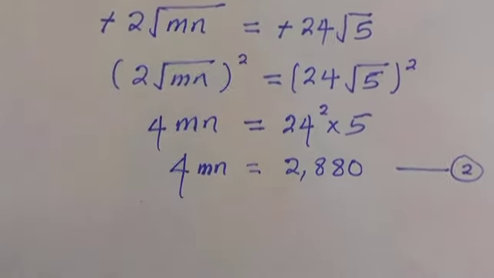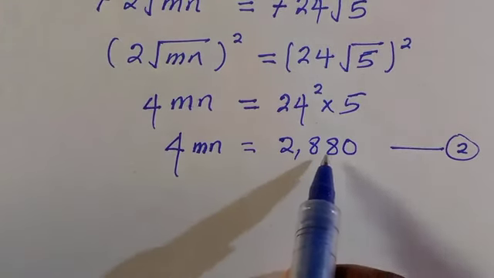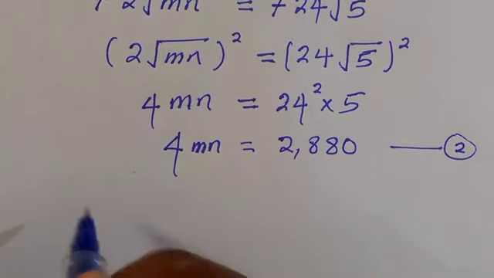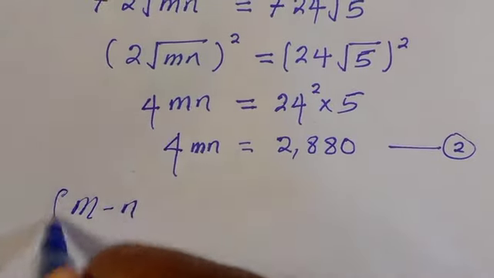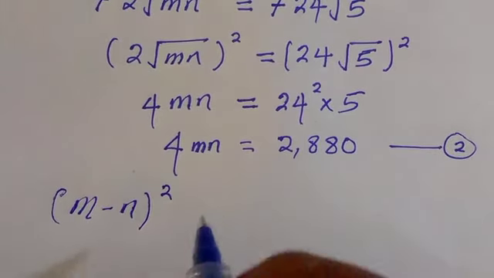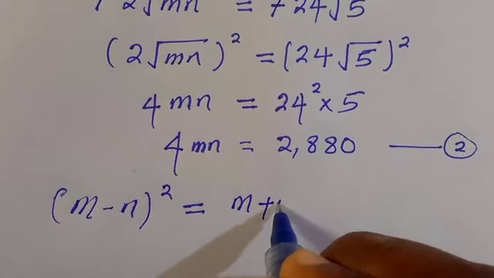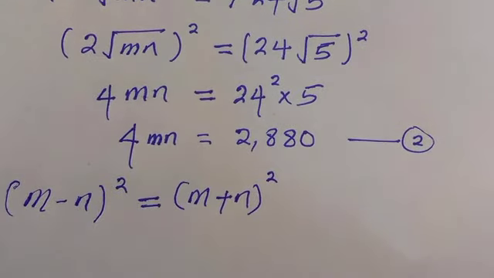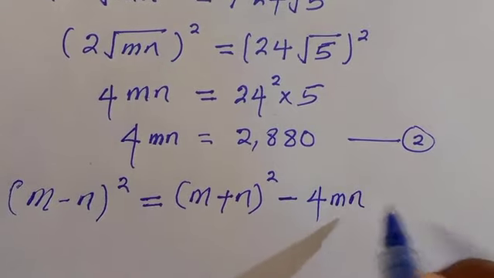So the next thing is, we have 4mn equals 2880. And if you recall, m minus n all squared gives m plus n all squared minus 4mn.